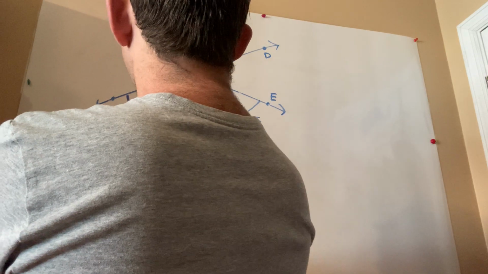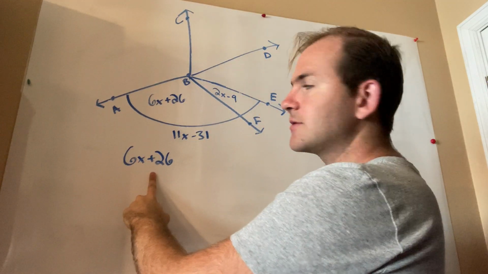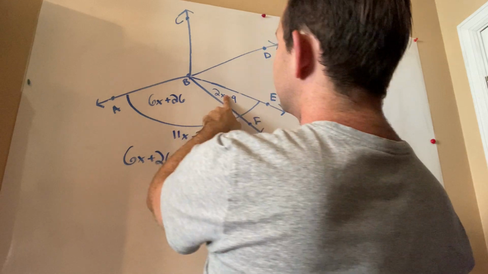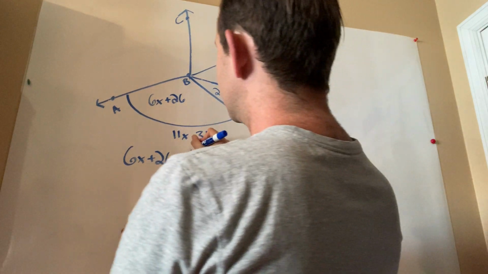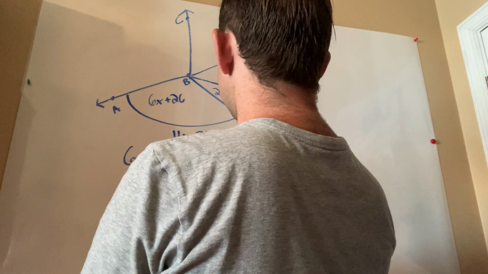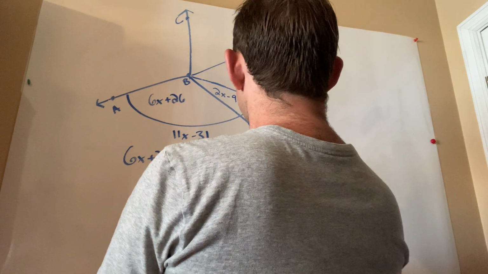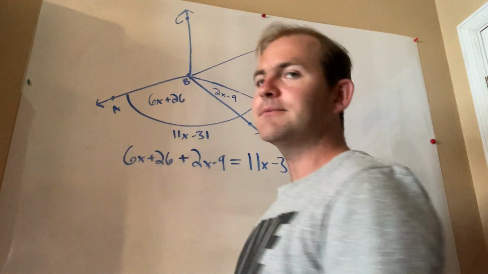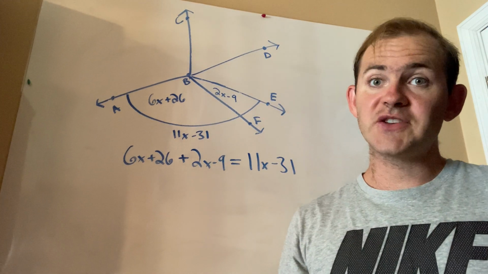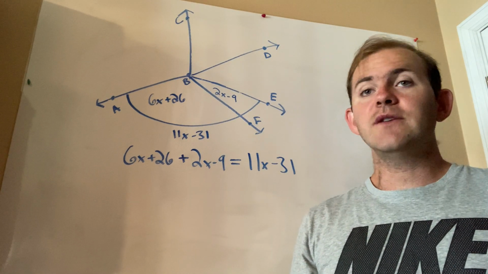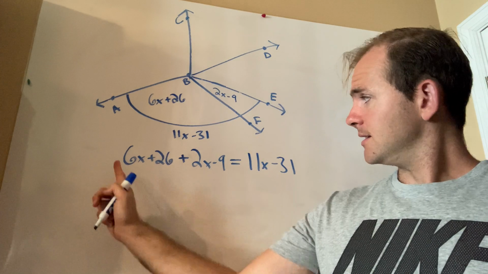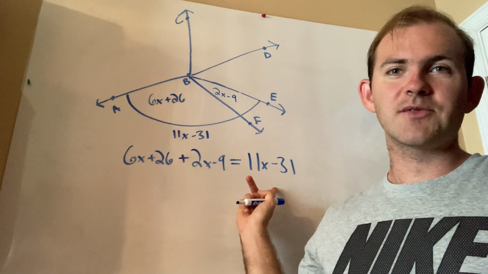I have one of the smalls, 6x plus 26. I have my other small, 2x minus 9, and together they make the big. So what we've just done, by simply drawing the information they gave us in the diagram, we've turned a geometry problem into a multi-step equation from Algebra 1, Chapter 1.